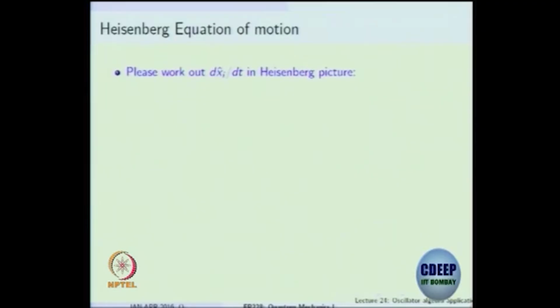Now that we have the energy spectrum, for this Hamiltonian I said you should get the Lorentz force. I don't know how many of you have already worked it out, but if not, recall Ehrenfest's theorem, and that should be obtainable in the Heisenberg picture by writing the Heisenberg equations of motion. In the Heisenberg picture, work out dxi by dt, which is given by your familiar commutator of xi with the Hamiltonian.